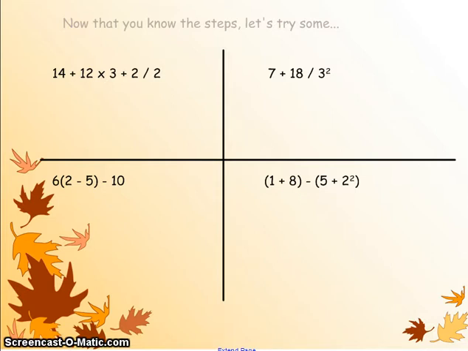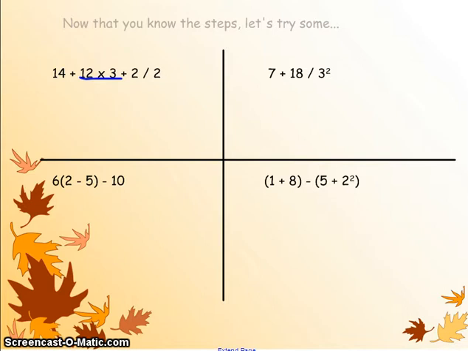Next one, exponents. Again, no exponents. So far, good to go. Now we're going to look for both multiplication and division from left to right. So as I'm going across the first problem here, the first portion I see is a 12 times 3. That's what I'm going to do first.